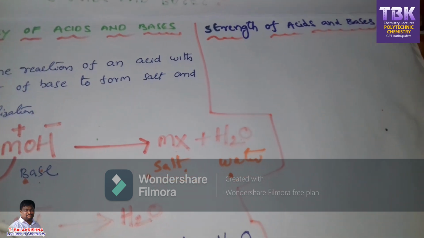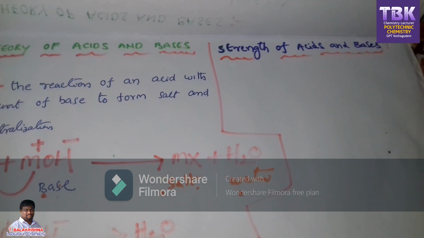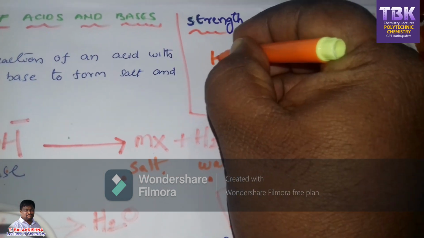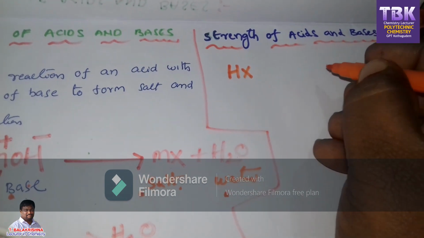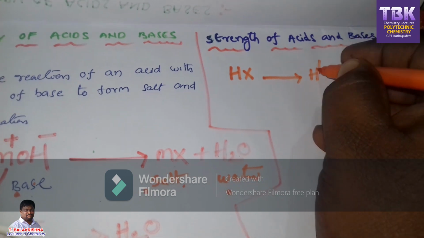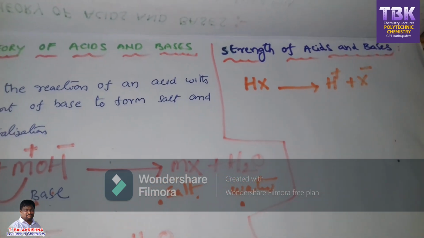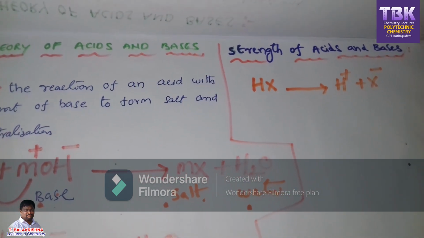We already learned the general formula of acid is HX. When it splits into ions, it produces H plus ion and X minus ion. If you want to tell the strength of acid, it depends upon the rate of ionization.